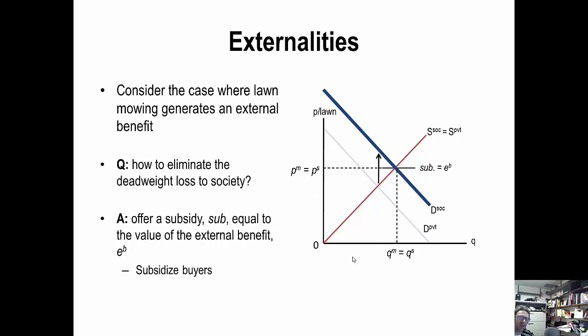Doing that is going to raise my private benefit curve up so that it overlaps the social benefit curve. So now when I choose to mow my yard, I'm going to do so up to the point where my private benefit is equal to my private costs, which is now going to be at the socially optimal level. What got my private benefit up a little bit higher? Well, I'm being subsidized now. So now I'm being paid every time that I mow my yard.